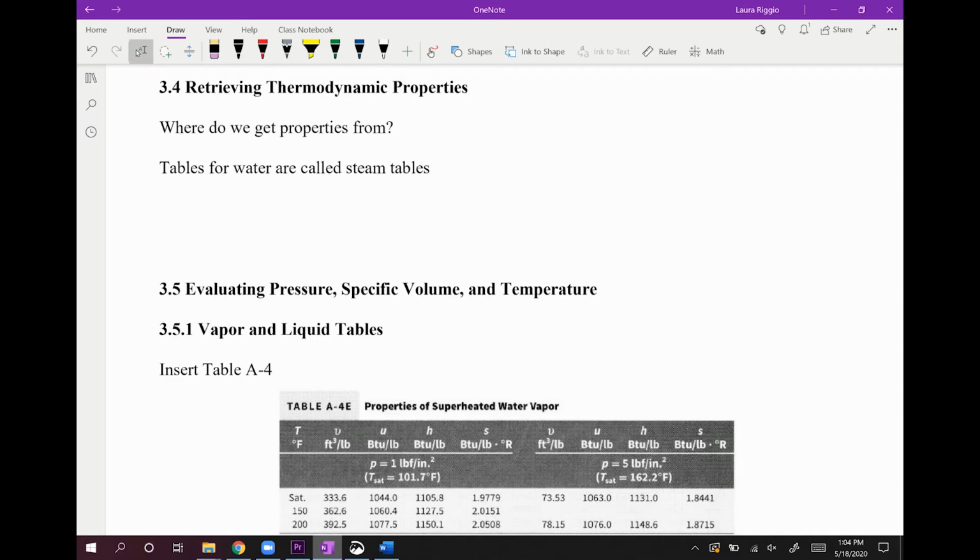In this lecture, we're going to go over how to retrieve thermodynamic properties. So where do we get all those properties from? For water, they're called our steam tables. Table A4 is our superheated vapor tables.